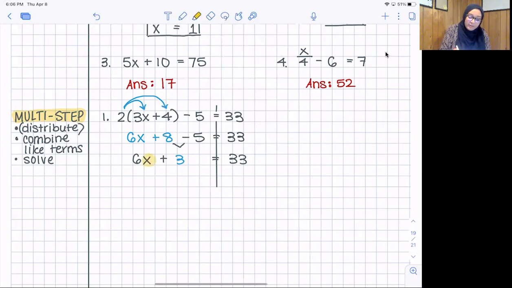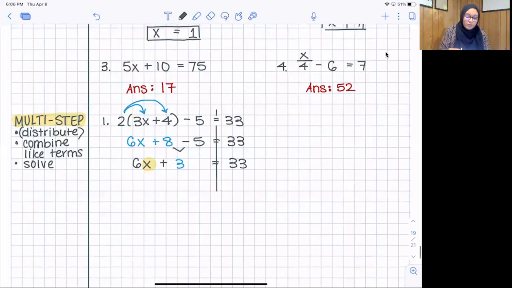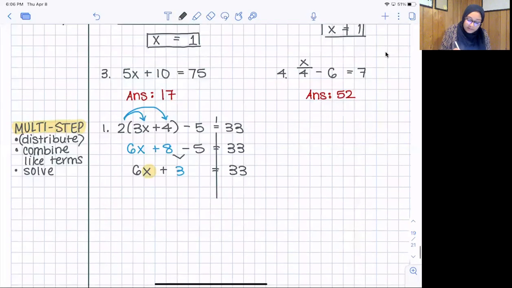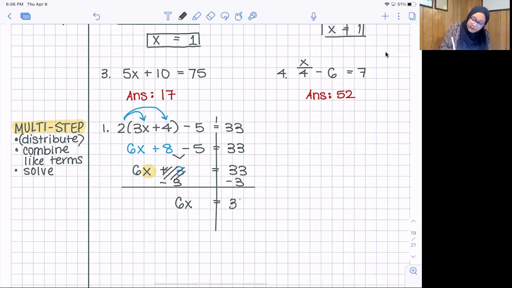So if my variable is all alone right there, I need to first undo the what? Addition or subtraction. So I'm going to take away the 3 from both sides. And that is going to leave me with 0 here. So it's going to leave me with 6x on this side. I have to make my line longer. Equals 33 minus 3, which is 30.